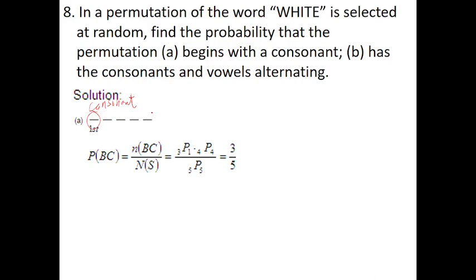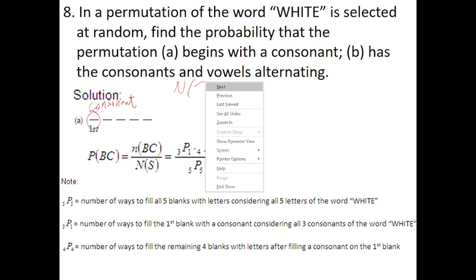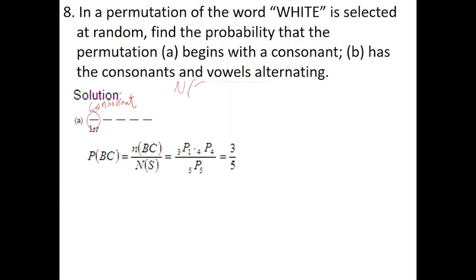Alright. So, dito, bilangin muna lahat natin ng possibility. Yung bilang ng lahat ng possibility in the permutation of the word white is what? Yung lahat ng possibility, we have 5P5. Diba?